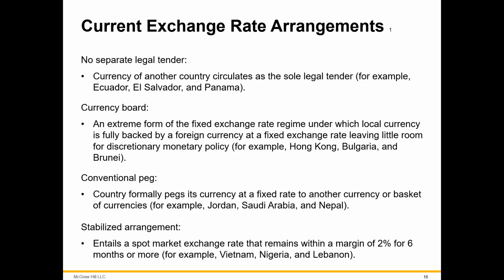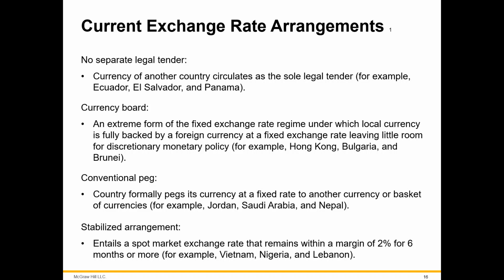So it puts you in the same situation as having a foreign currency, where you don't have monetary policy flexibility, which is a disadvantage sometimes, but an advantage other times, especially if there's a history of abuse or mismanagement. So the currency board is the most extreme form of a fixed exchange rate regime.